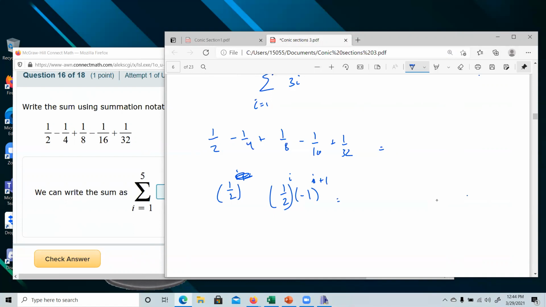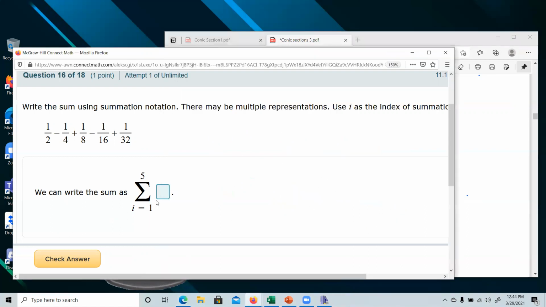So we could also do this. We could say, well, i plus 1 is really -1 times -1 times 1/2 to the i. So this is -1, -1/2 to the i. That's going to be the same thing. So we could write it both different ways and get the same answer, and that's fine.